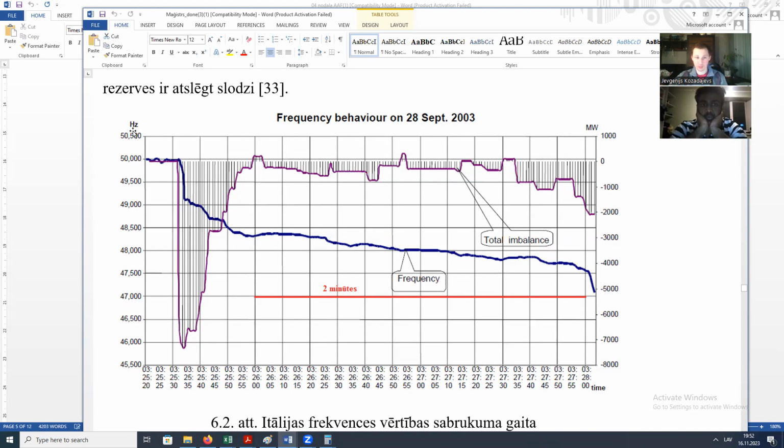In this process we can see frequencies over time. This one is the imbalance, this is the frequency. In this time, overload protection disconnects lines, and in this moment all the lines are disconnected, and Italy has a deficit of 7 gigawatts.